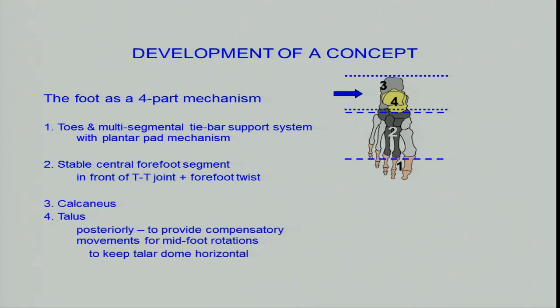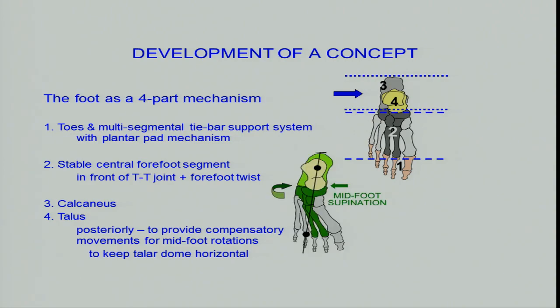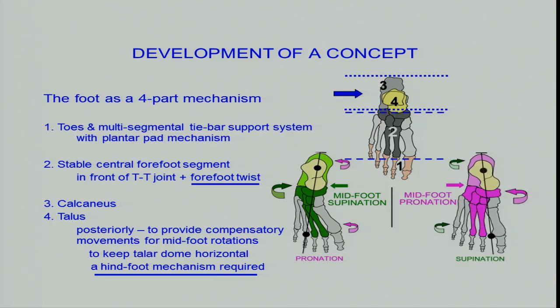And at the back we've got the calcaneus and the talus, and they somehow or other have got to provide compensatory movement so that the talar dome can remain horizontal. We need a hindfoot mechanism, and this proved a challenge.